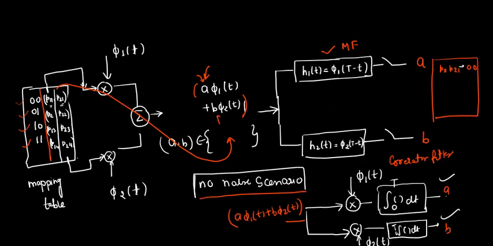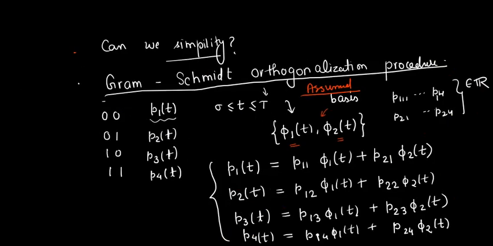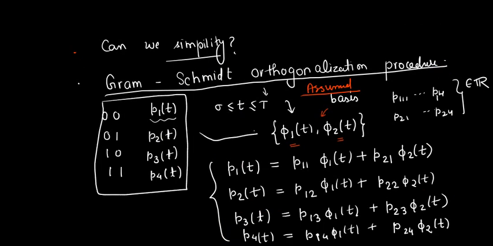But now as you can see, both at the transmitter and at the receiver, you can reduce it to 2 branches, right? But under the assumption that these 4 waveforms can be represented by the orthonormal basis of dimension 2. So, together these are called basis and each is called a basis function.